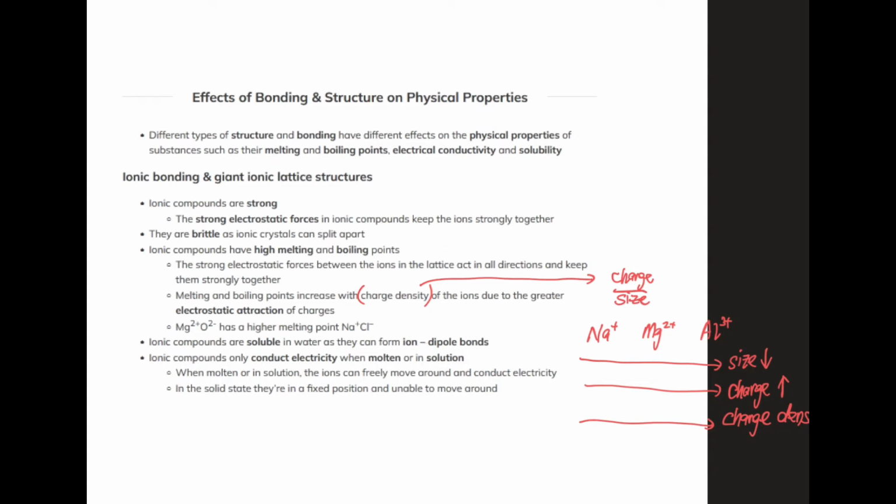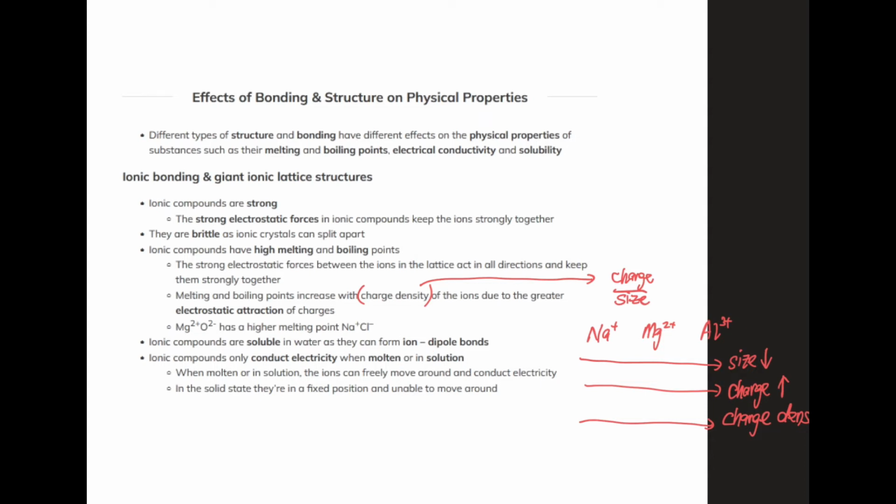Okay, so what is an ion-dipole bond? Of course, ion means, for example, Na+ and Cl- are ions. Dipole refers to H2O, which has delta positive and delta negative. That is the dipole. So the ion and the dipole attract each other, and because of that, it is soluble.